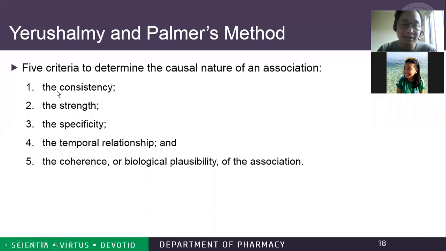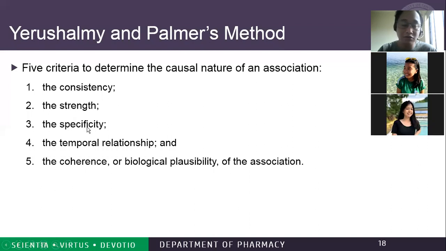They developed five criteria. The first is consistency and the strength of the association, then specificity of the association, then the temporal relationship, meaning the exposure should happen before the effect, and then the coherence or biological plausibility of the associations.